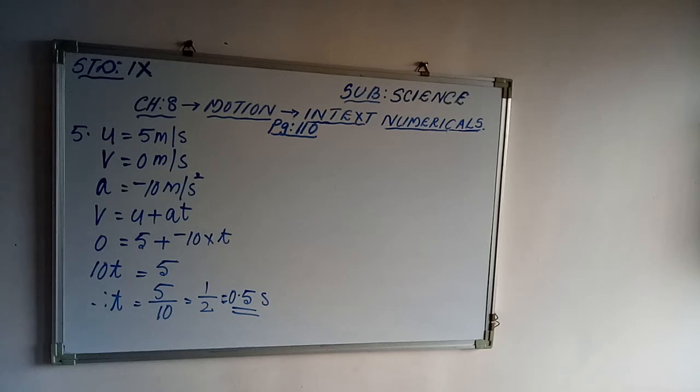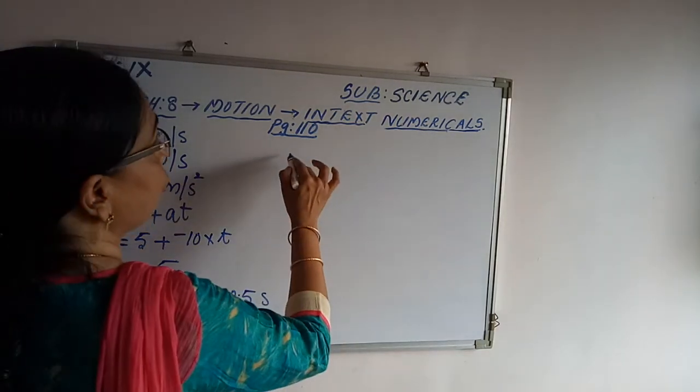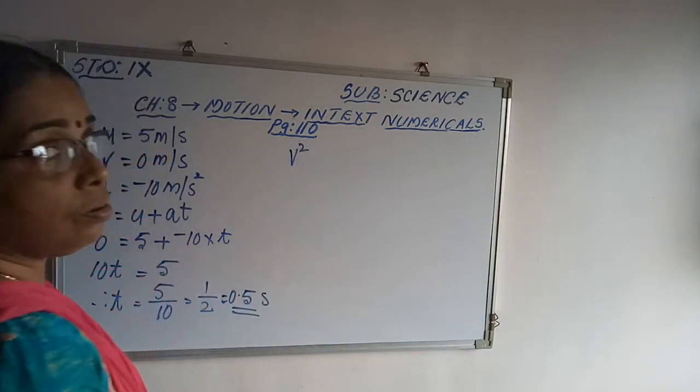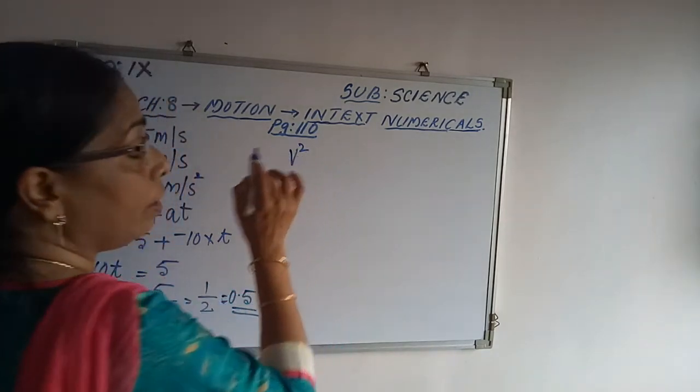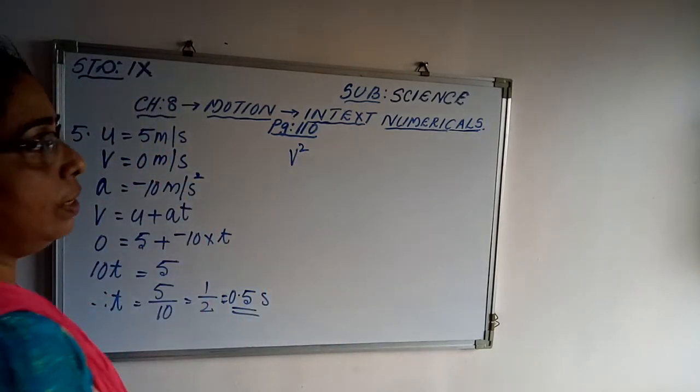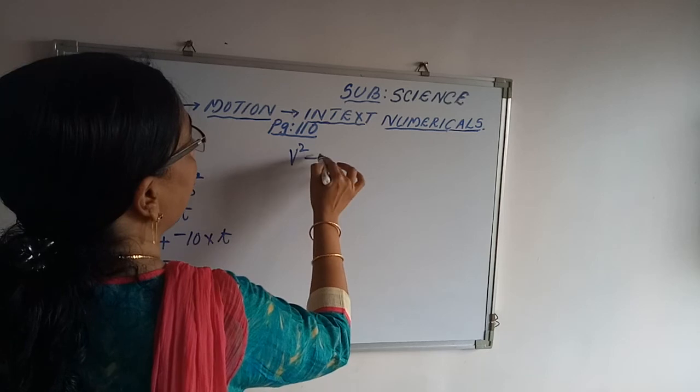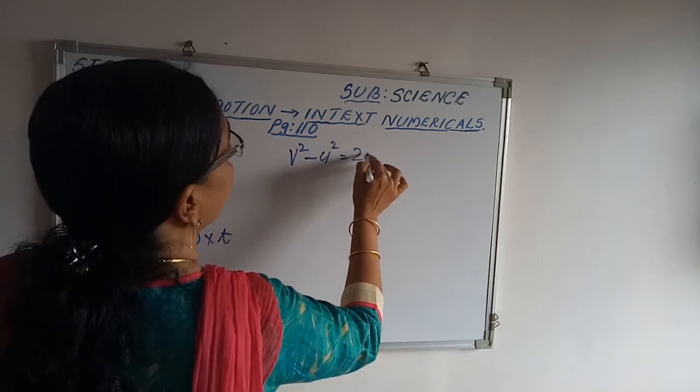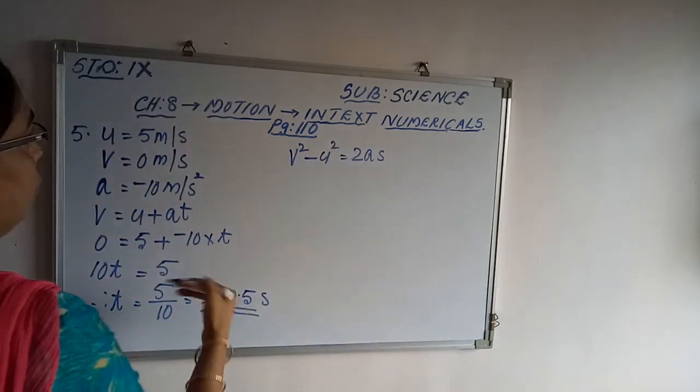So, next what you have to find out? What will be the height attained? So here we can use the third equation of motion, that is the position velocity relation. V square minus U square is equal to 2AS. So what is V square?